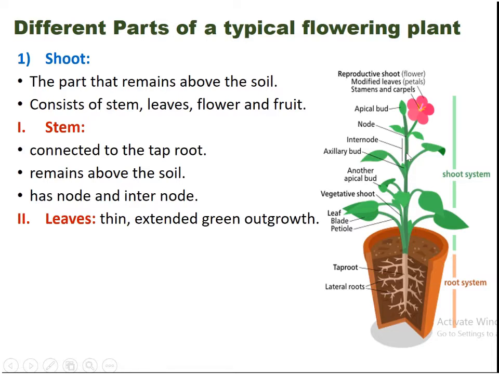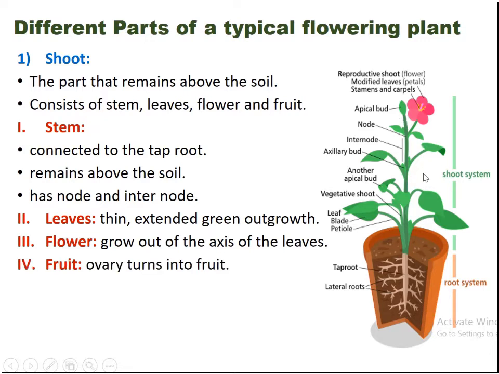Then these are the leaves, thin extended green outgrowths from the shoot. And this is the flower, which grows out of the axis of the leaves.